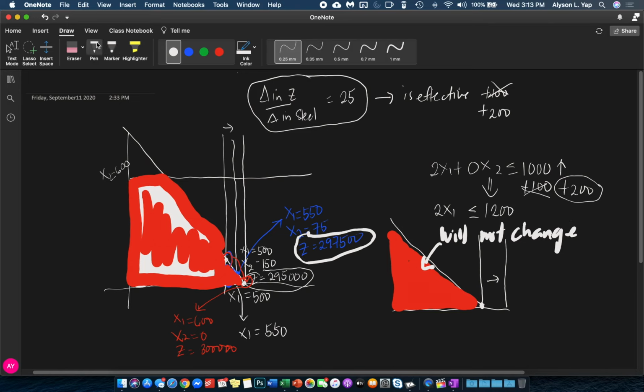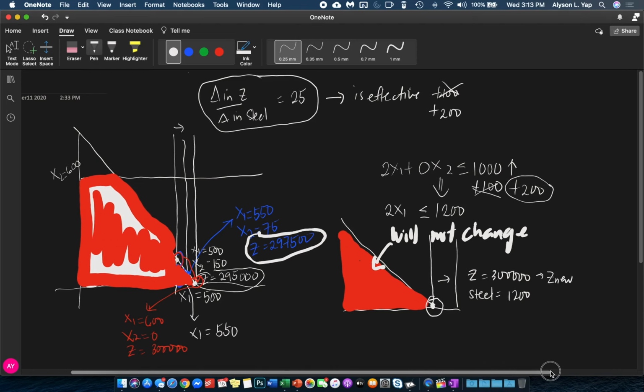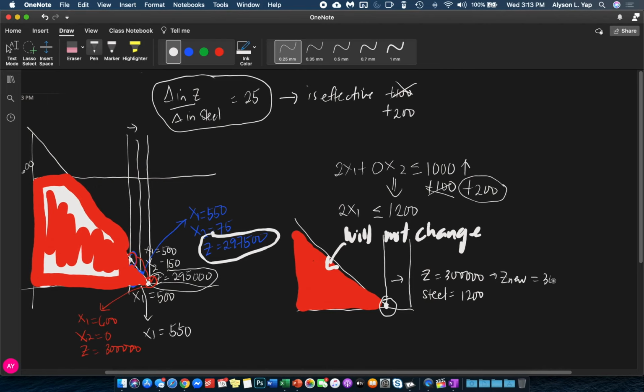Because your feasible region will not change, if we treat this as our original solution, which has a z value of 300,000, and the amount of steel is equal to 1,200, and if we further move this vertical line to the right, or increase this by more than 200, then your new z will still be equal to 300,000.